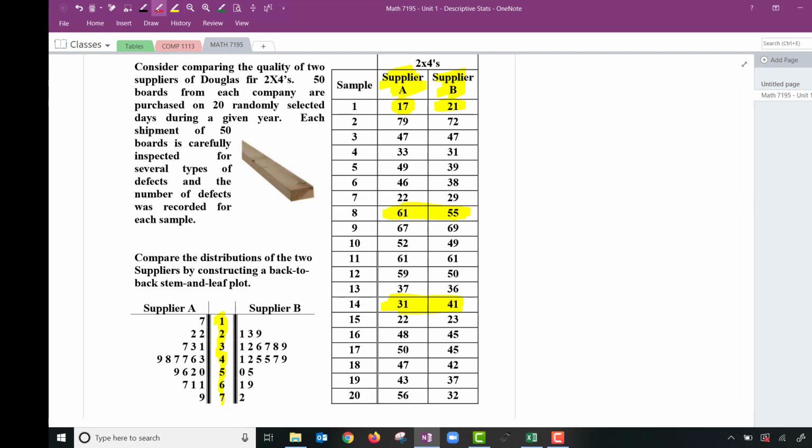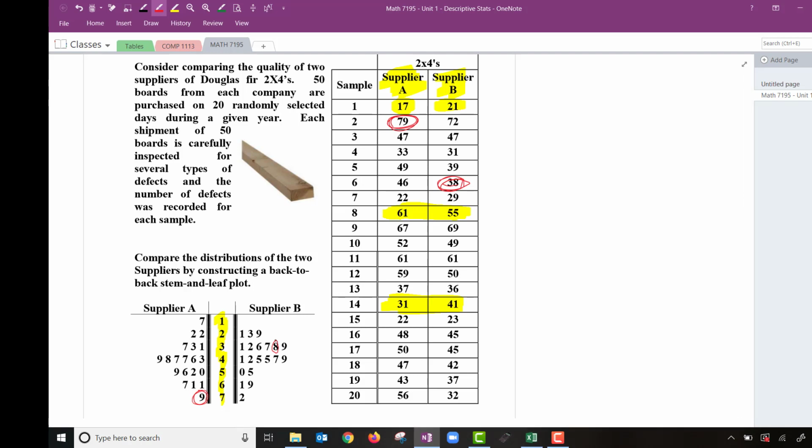So, for example, this number 79 here is represented by the 9 here, or the number 38 here is represented by this 8 here. So I just went through and did it for both companies.